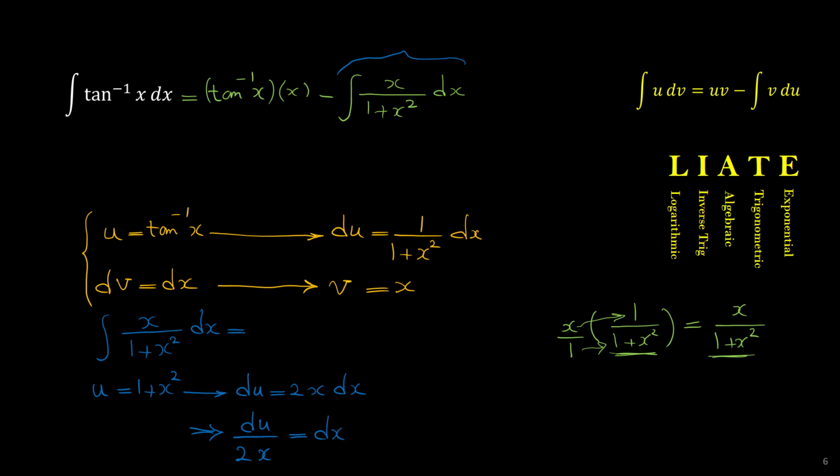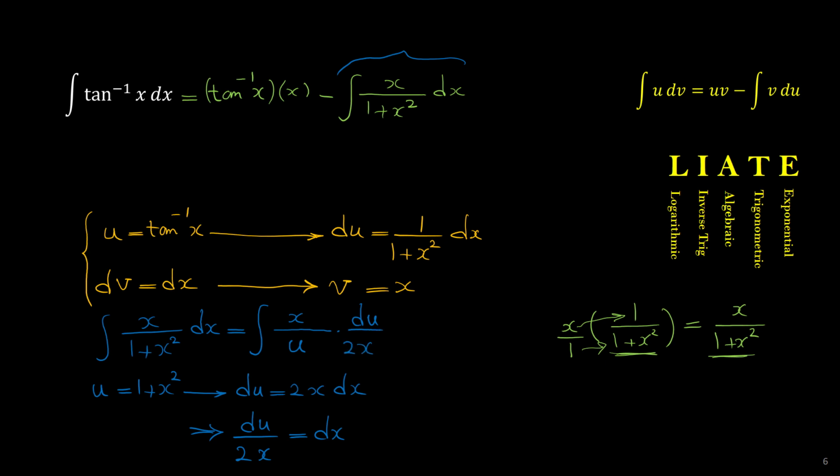Now let's write this integral in terms of u. Instead of the denominator 1 plus x squared, we put u, we leave x in the top, and we replace dx with du over 2x. So we have du over 2x.